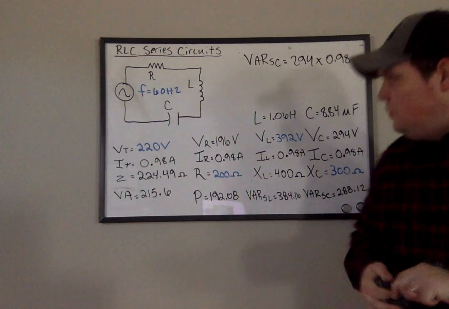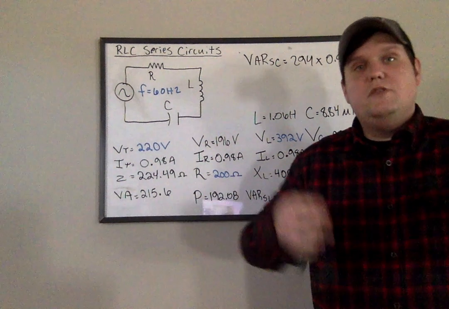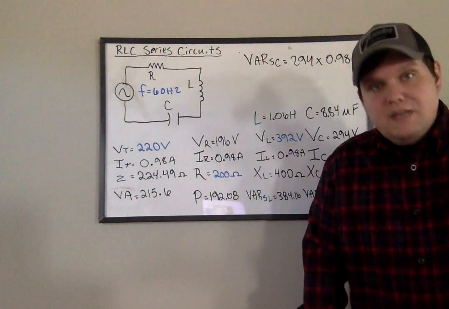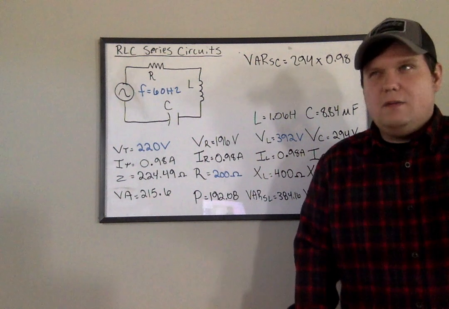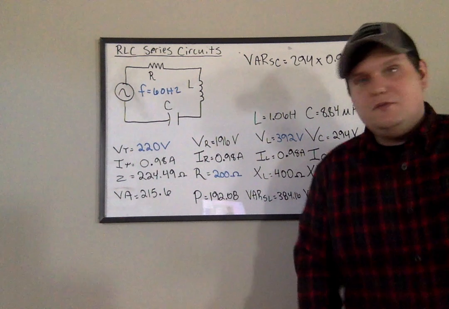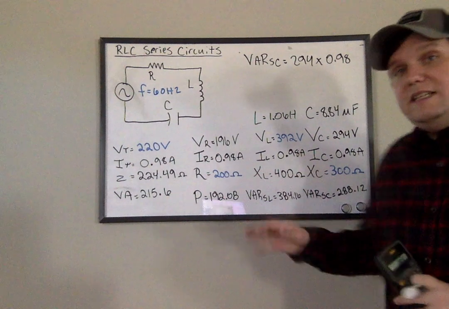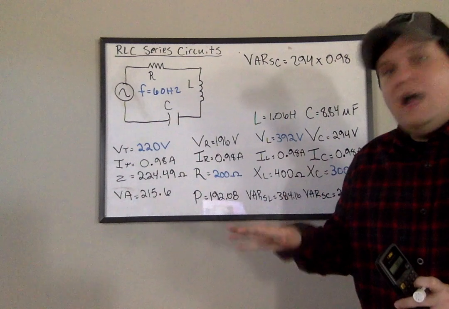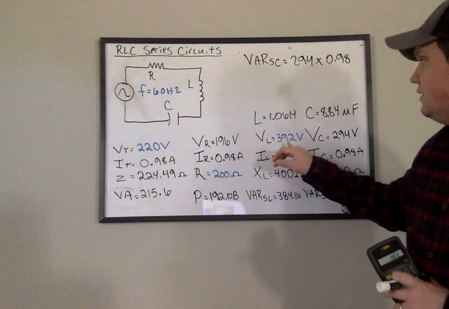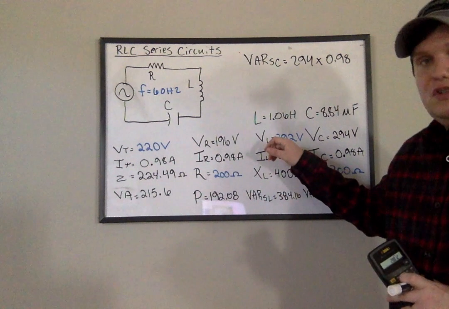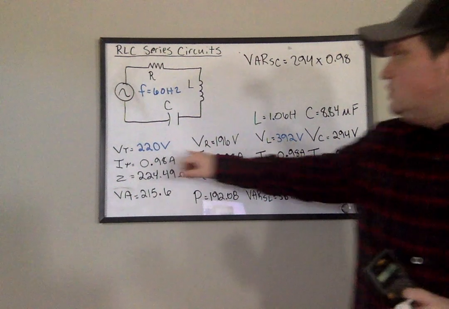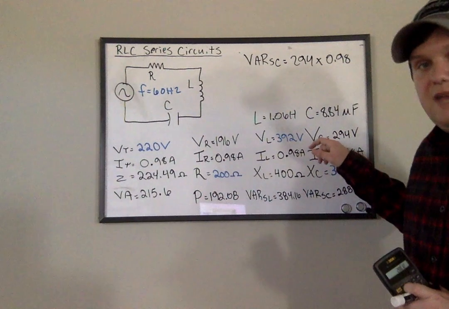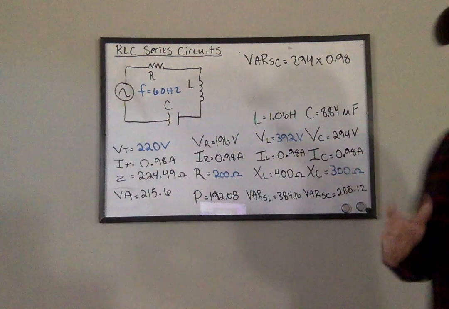Now, a couple of things before we check ourselves and then go through power factor and angle theta. As mentioned in the last video, it's not uncommon to have a voltage across your inductor that well exceeds the voltage source. You can also have that across the capacitor, because think about what's happening.